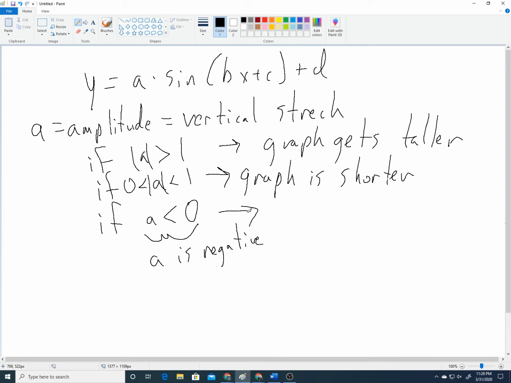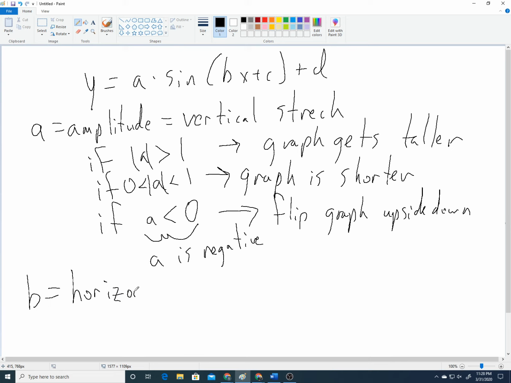Anyway, if your A is negative, it will flip the graph upside down. Alright, your B value is called the horizontal stretch. I'm going to get into more detail on that on Friday.